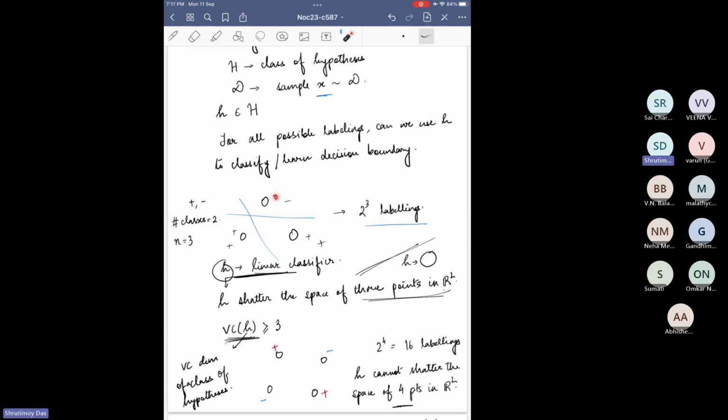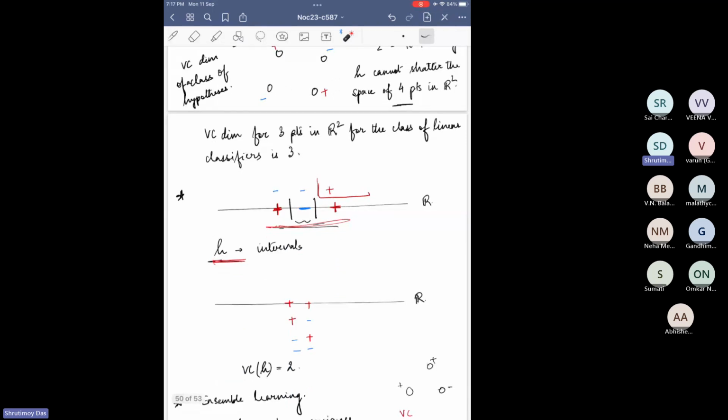If you have plus plus plus, you can say that all points on this side of the line are positive and these are negative. Or if you have something like plus plus minus, you can draw a line like this. Or if plus minus minus, you can draw some line like this. So out of all possible configurations of these 3 points, you can divide this space for all possible configurations. Then we can say that your hypothesis shatters this space.